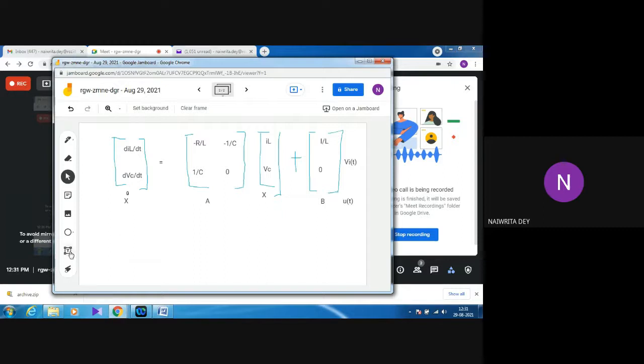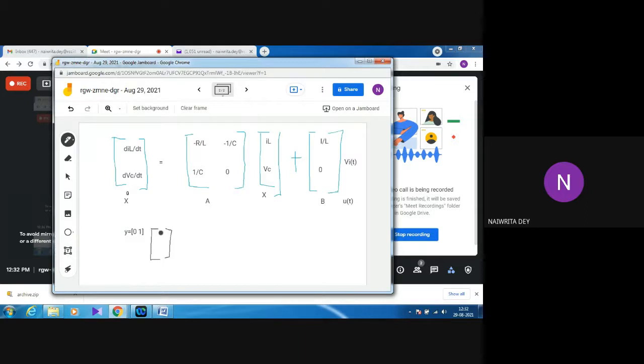So y equals, let me put this as 0 and this as 1. The dimension of Cx will be like this, where the X matrix remains as it is.